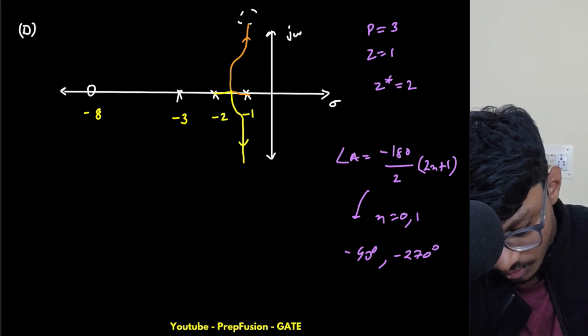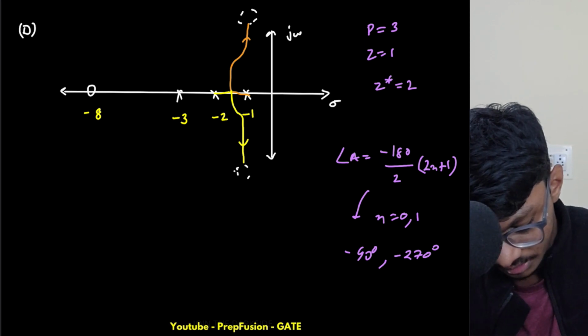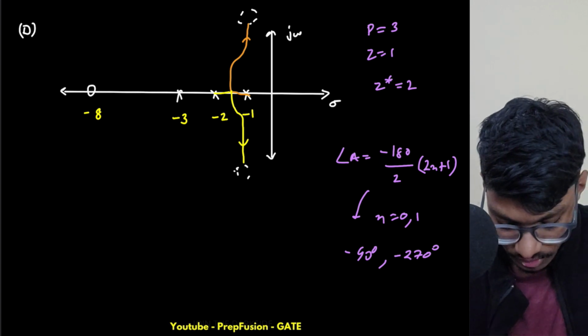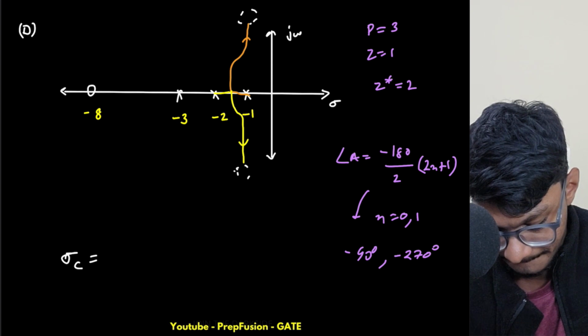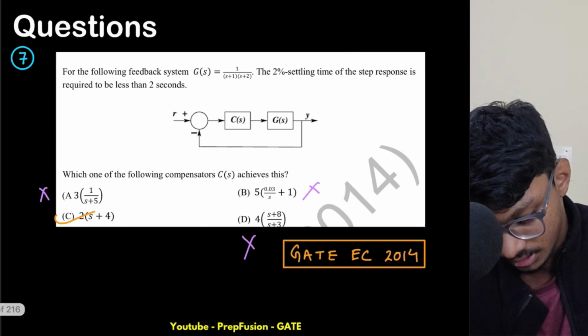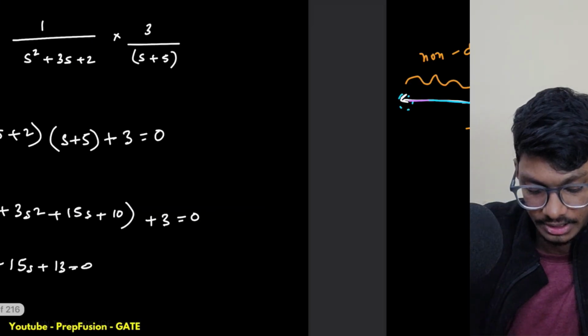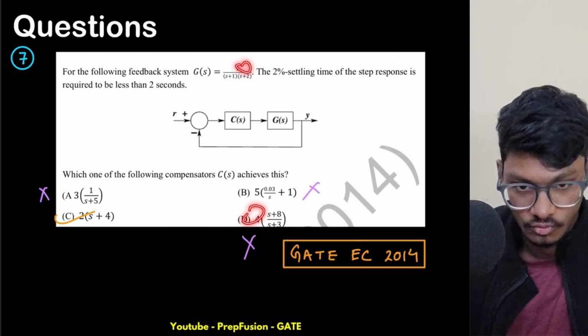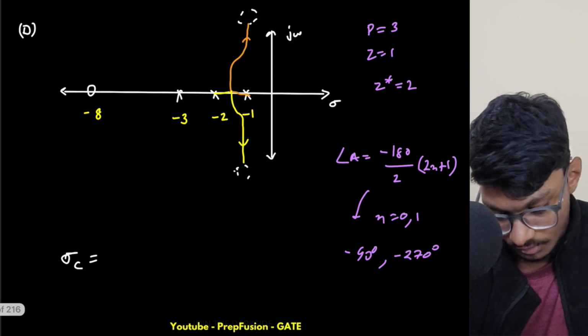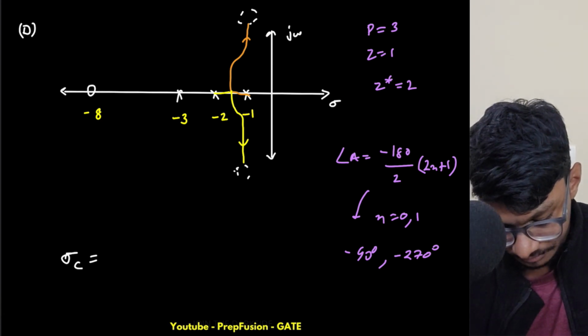So obviously its centroid will be the main thing. So what is a centroid? So its centroid sigma c will be, so what is the compensator actually? K is 4 in our case.